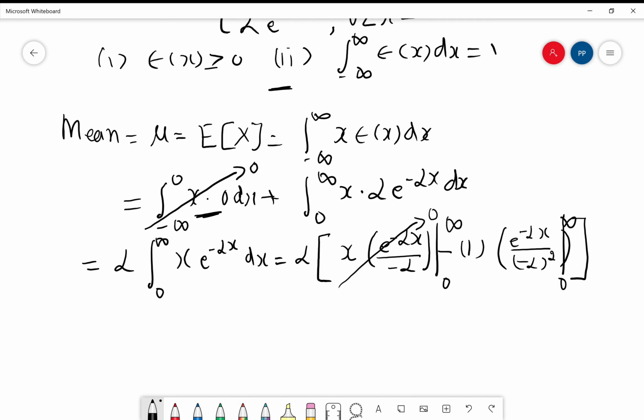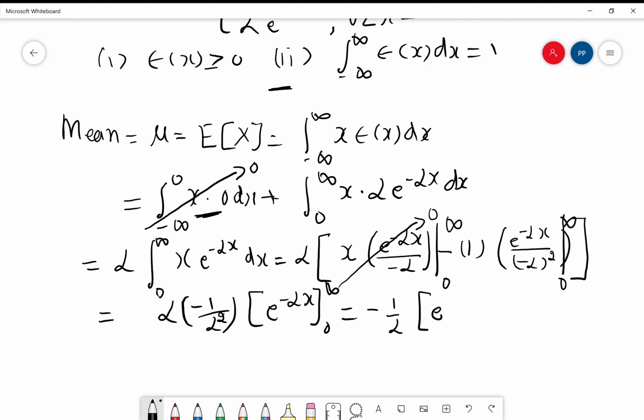Now, let us find the value of the second term. It is equal to alpha into minus 1 by alpha square outside, and inside you are left with e power minus alpha x with limits 0 and infinity. This becomes minus 1 by alpha outside.